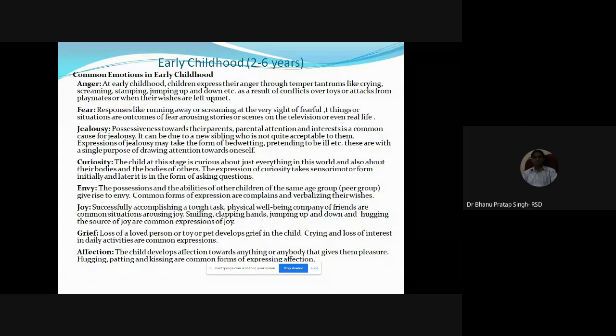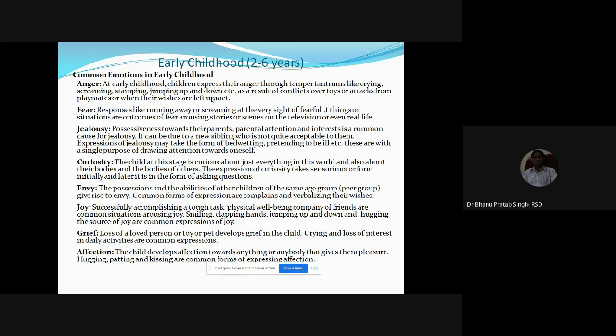Even in childhood, jealousy also takes place. Possessiveness towards parents, parental attention and interest, is a common cause of jealousy. If the child is possessive about parental attention, then they may feel jealous.